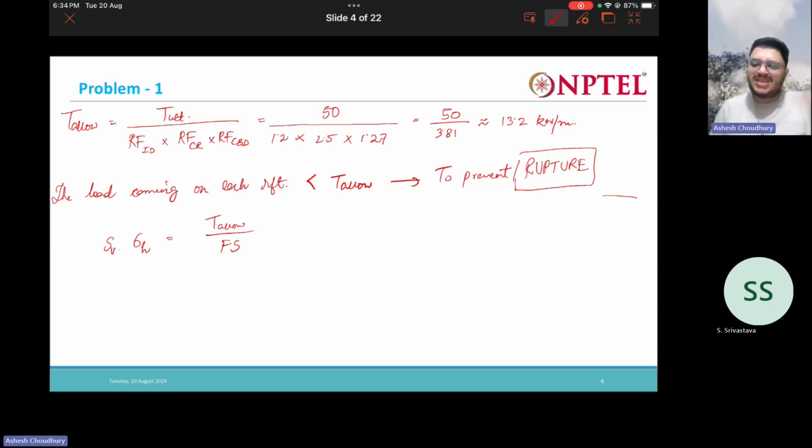So SV is the spacing of the reinforcement. If you consider one reinforcement, SV by 2 up and SV by 2 down. This is what will be aiding the load transfer over this much area, right?